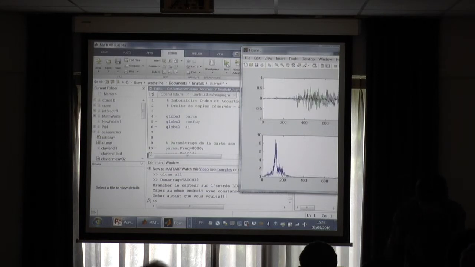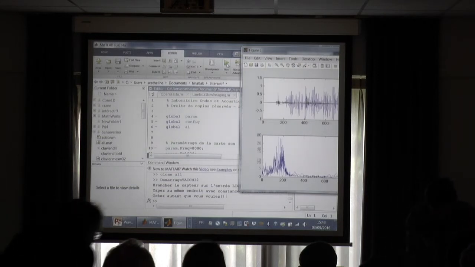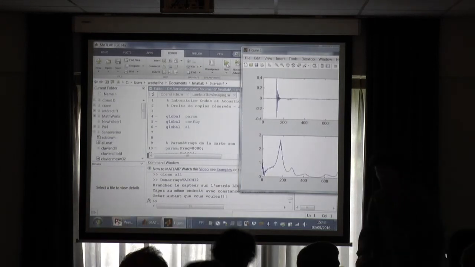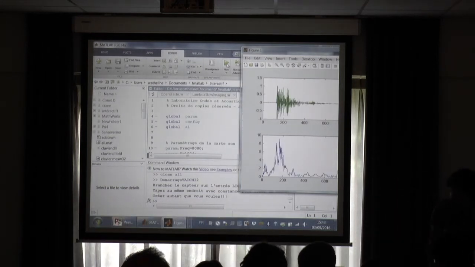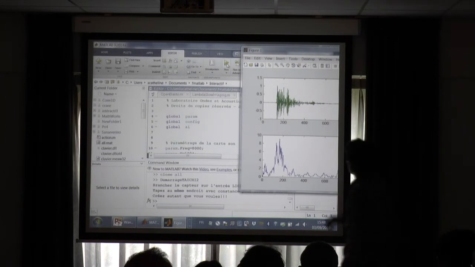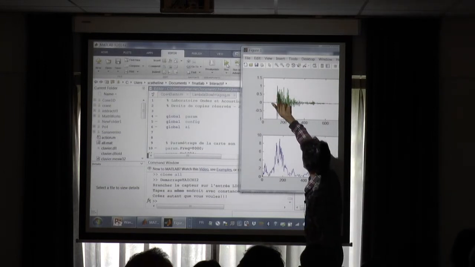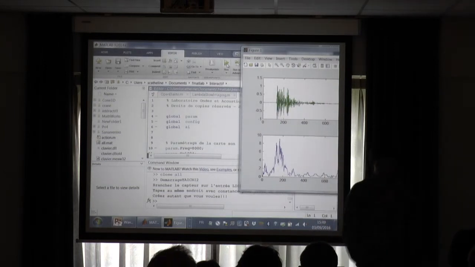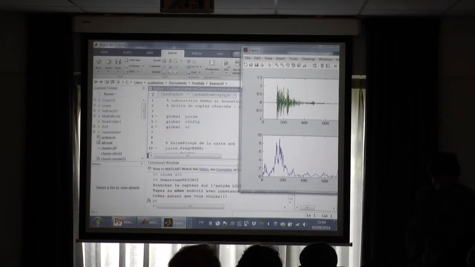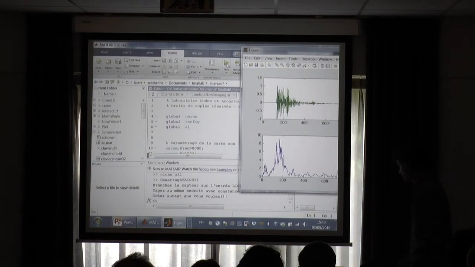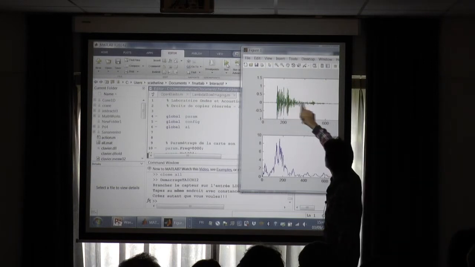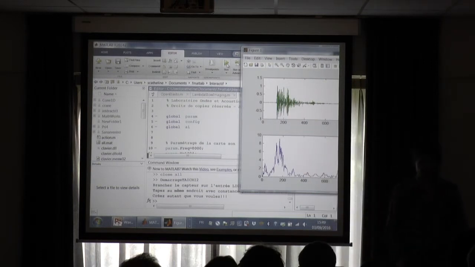So I'm going to put them back like that, okay? And now when I knock on the table, I have two signals, a green one and a blue one, because when I knock, I create sound that is directly caught by the two microphones, and we have also this part of the signal, reverberation, or the coda wave.